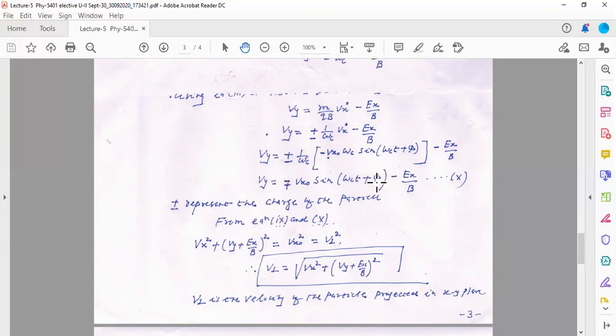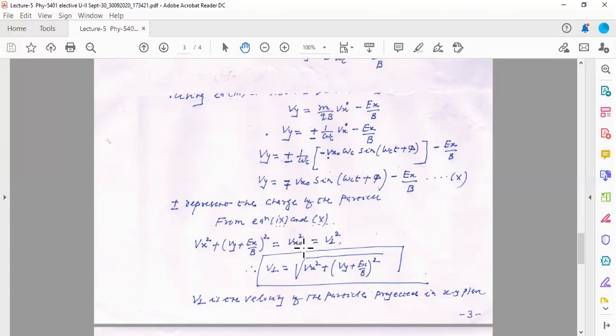So if you take the summation of Vx square plus Vy plus Ex over B whole square, this is basically cos square plus sine square. Cos square theta plus sine square theta is always 1. So you will get Vx0 square.